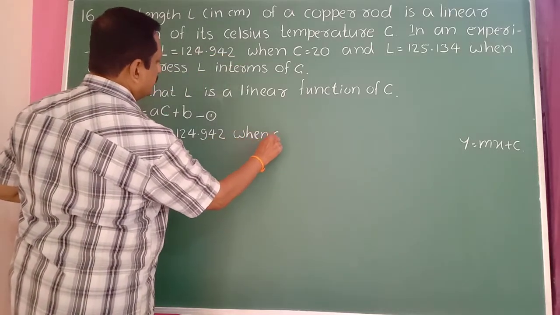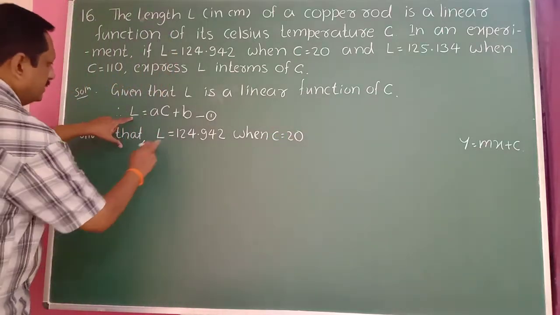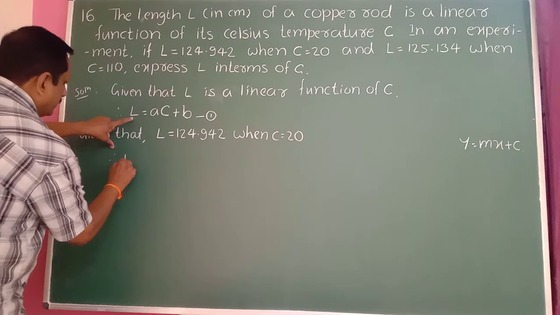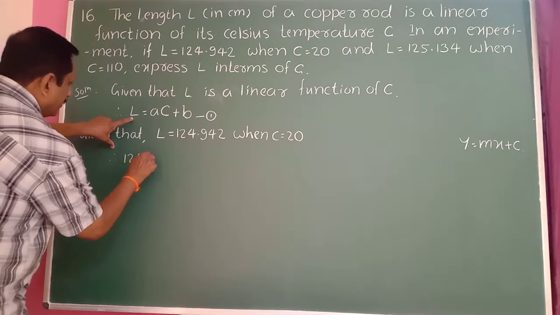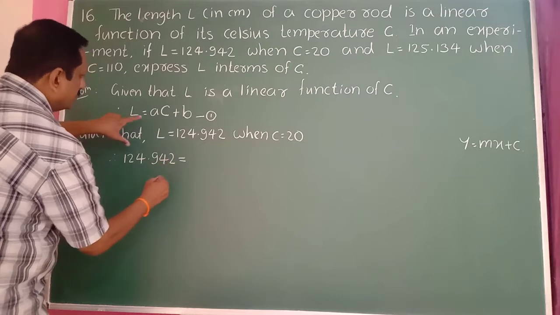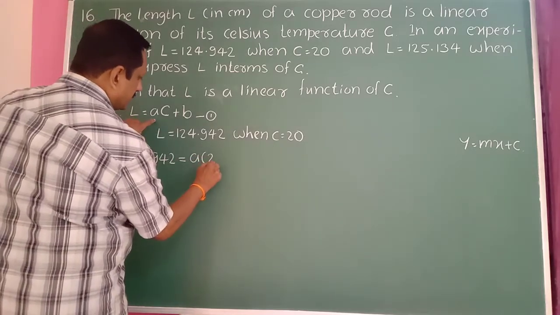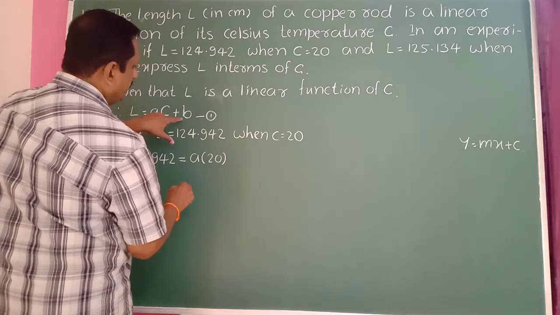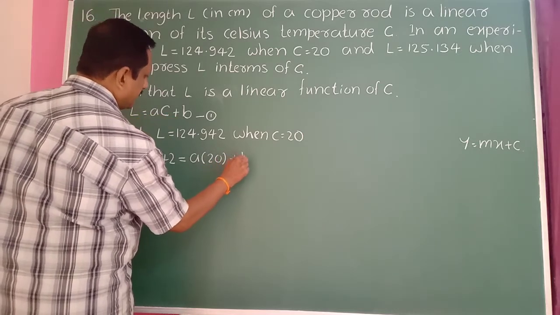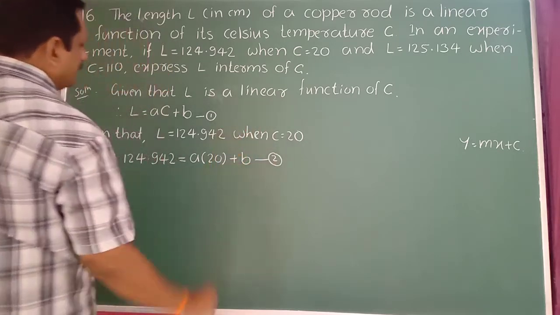So use here L: 124.942 is equal to A into C, the C value is this 20 here, and B value we don't know, so write here B as it is. So take this one as equation number 2.